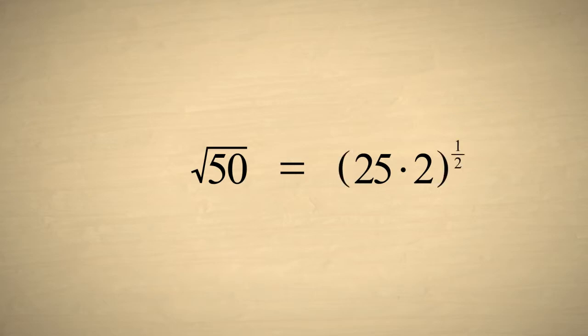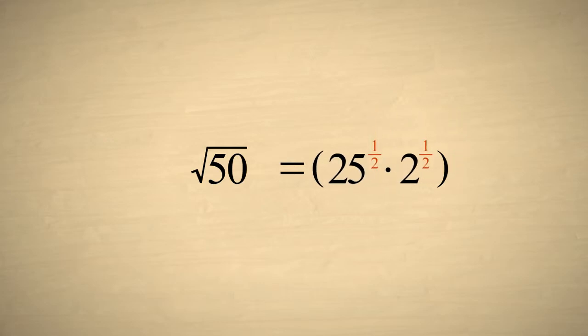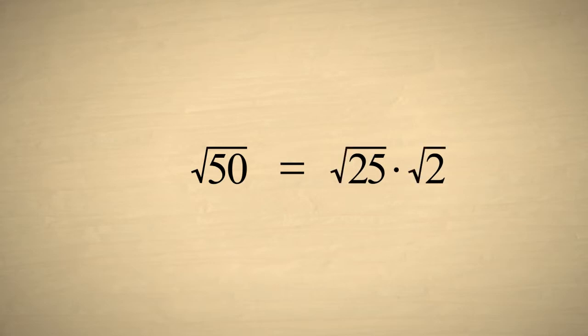We saw in the chapters on exponents that we can distribute the exponent outside the parentheses to each term within the parentheses. In other words, instead of taking the square root of the entire product, we can take the square root of each term separately. So the square root of 50 is equal to the square root of 25 times the square root of 2, or 5 times the square root of 2.